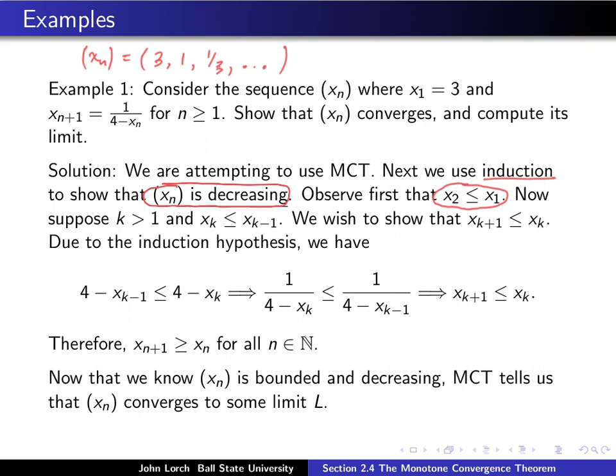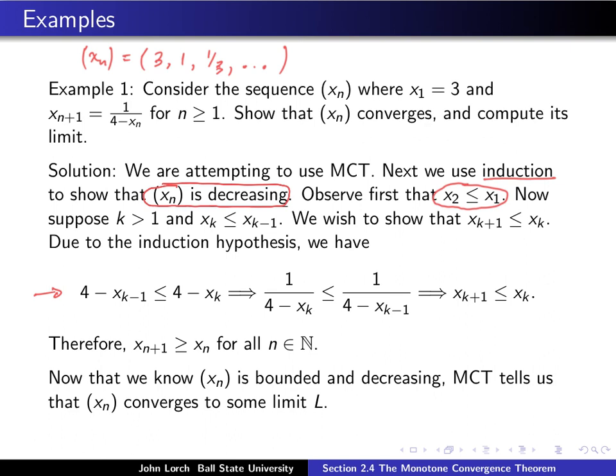So as on the prior slide, we go through a chain of inequalities here. Because x sub k minus 1 is bigger than or equal to x sub k, that implies that 4 minus x sub k minus 1 is less than or equal to 4 minus x sub k. Now, if we take the reciprocals of these objects, that will flip the inequality.